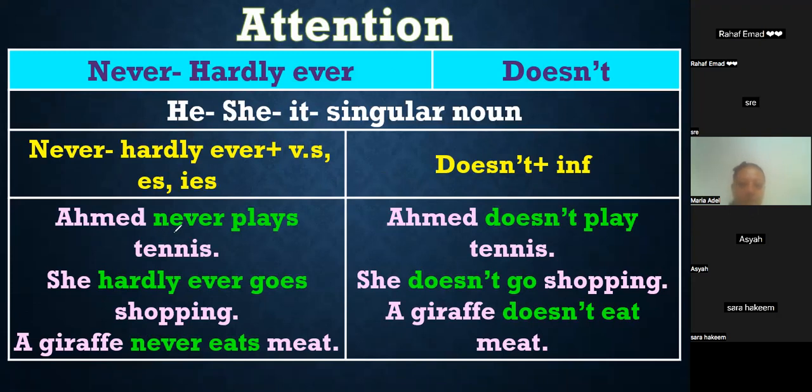This is the difference. Ahmed never plays, the s as it is, but here, doesn't play, in the infinitive form. Hardly ever goes, the es as it is, but she doesn't go, in the infinitive form. That is the difference in the negative form between the two of them. You get it?